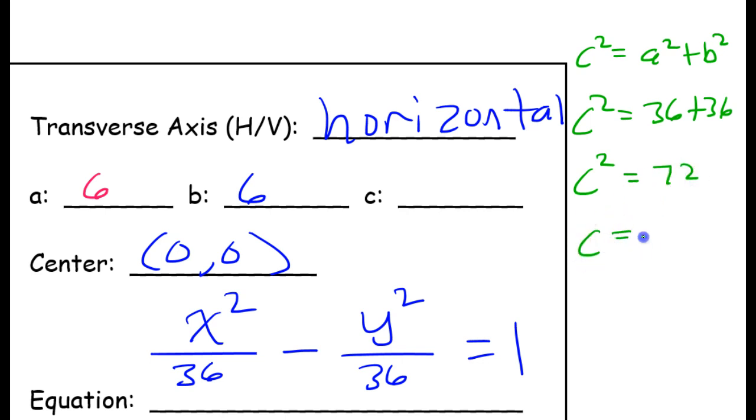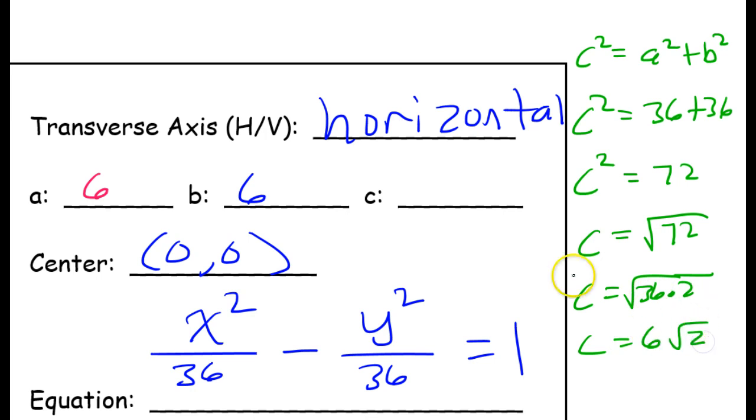So c will equal the square root of 72. Now, of course, this 72 is 36 times 2. That's where we got it from. So to simplify this, it'll be 6 root 2. So c is 6 root 2.